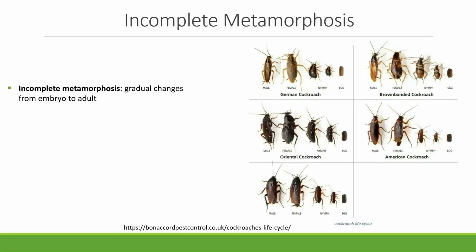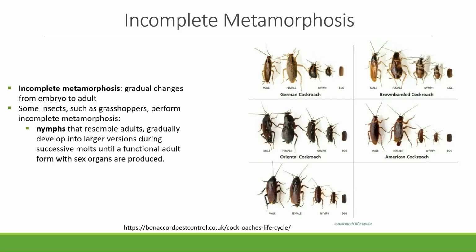Incomplete metamorphosis involves gradual changes from juvenile form to adult form. In this type of development, the young organism resembles a smaller version of the adult, but lacks fully developed reproductive structures. Grasshoppers provide a common example. Their young stages are called nymphs.